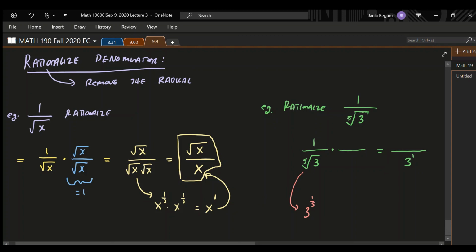Good. So what can we multiply by here and here so that when we add their powers, we get 1? Because that's what we want right here. So we want 3, but we need to figure out what is the exponent.